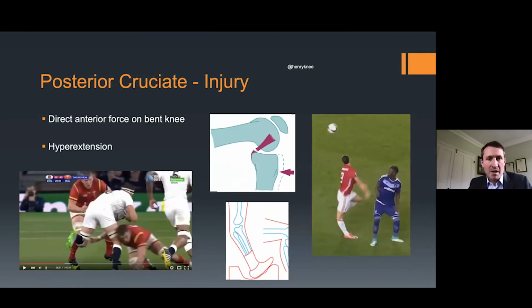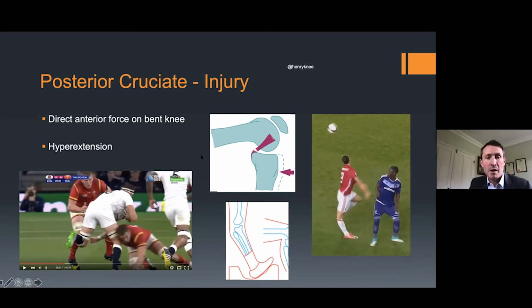There are 2 main mechanisms of injury of this ligament, the first of which we used to see a lot before the safety of cars got better and better, and we called it the dashboard injury, which is a direct blow to the front of the tibia when the knee is bent, like the picture in the middle here. The force from the front of the car crumpling causes the posterior cruciate ligament to break.